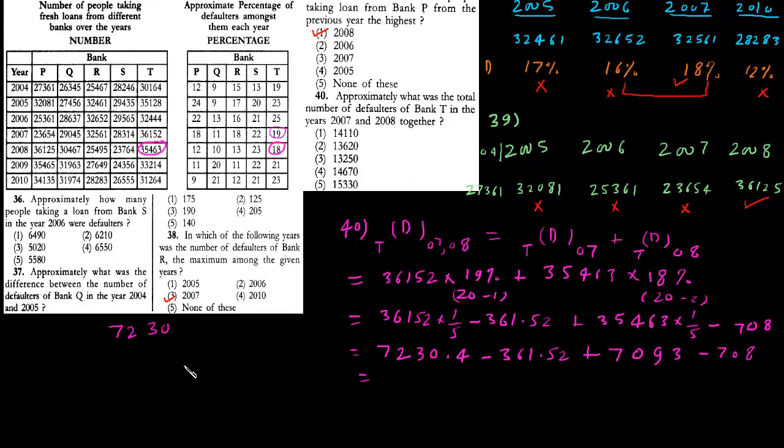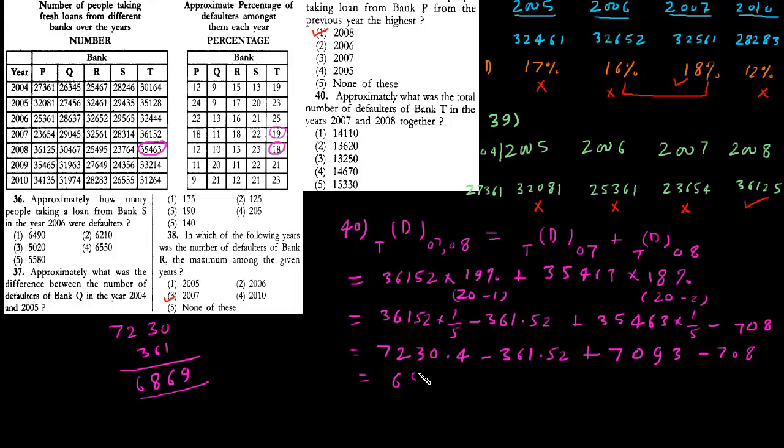7230 minus 361, let's not take the decimal part. The first one, 10 minus 1, that is 9, 12 minus 6, that is 6, 11 minus 3, that is 8, and 6.